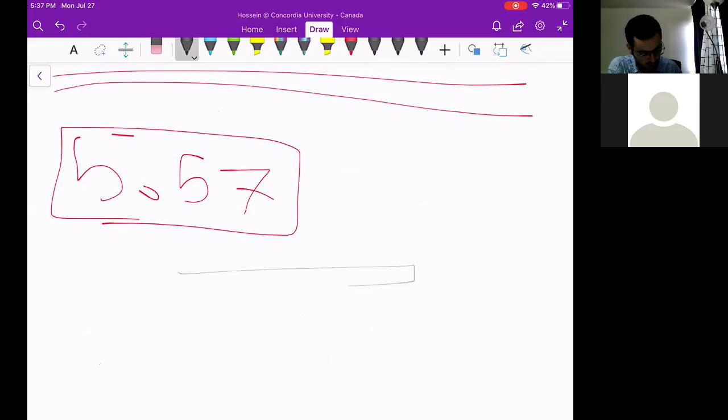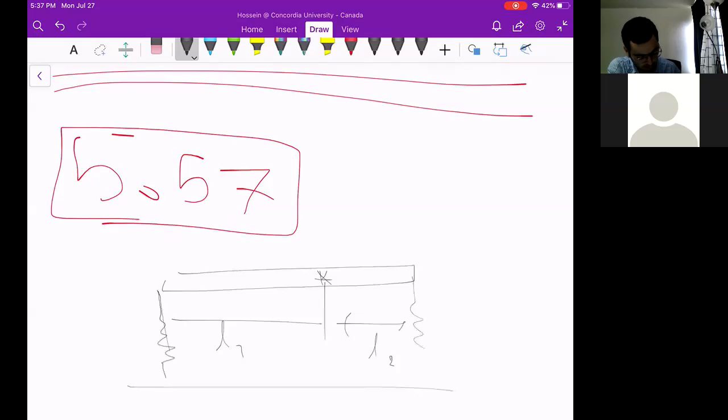There's a bar, the mass moment of inertia, the center of gravity is located here, and this is L1, this is L2, and basically this is attached to the ground through these two springs, K1 and K2.